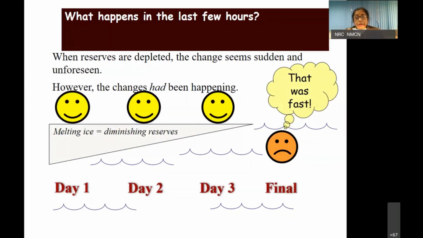So we have to understand as doctors that there were certain reserves left in the body, and they were slowly getting depleted. And the change that appears sudden and unforeseen to people was actually not so, because that was happening. It's just that they were not willing to accept the change.